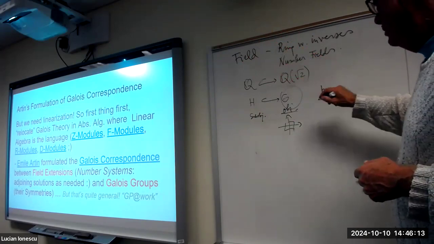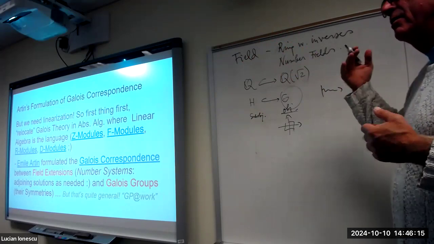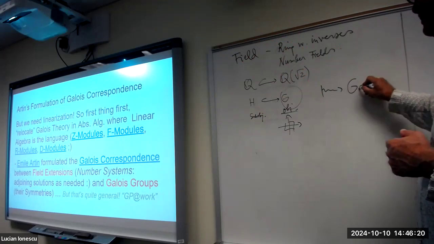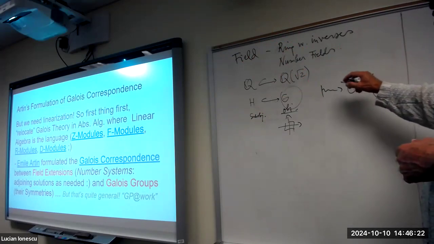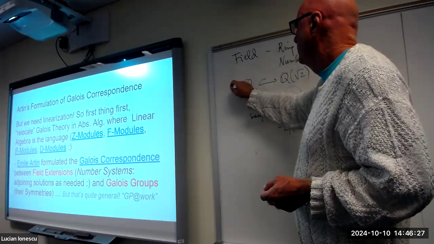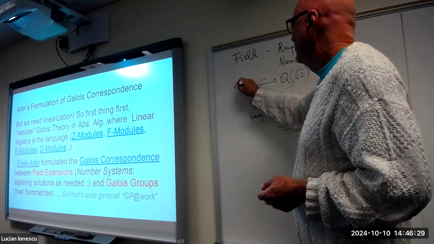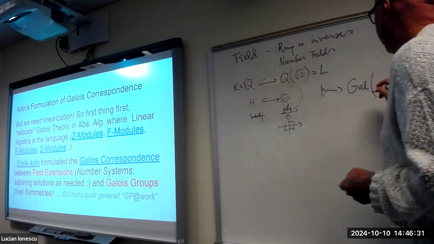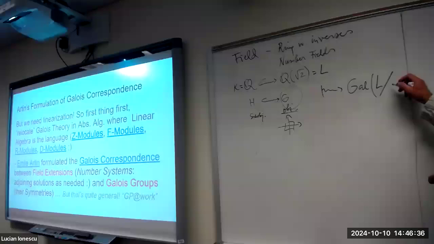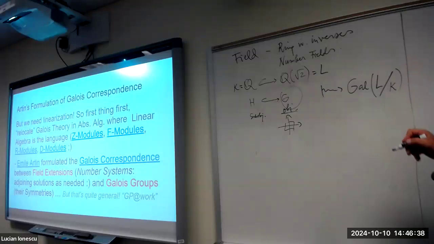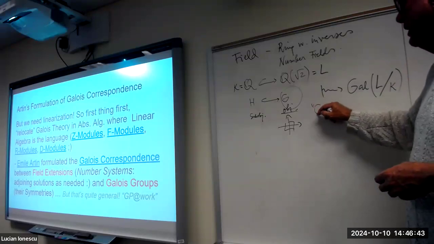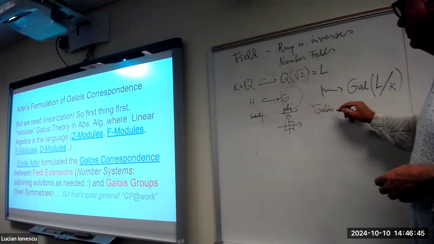So then, as you can see, the same idea of looking at symmetries leads to the idea of a Galois group. This is K and that's L. Galois group of the extension of fields L over K. And that again is what I call Galois principle.